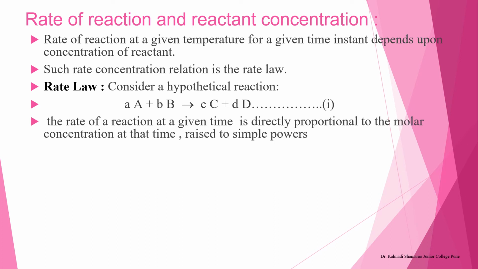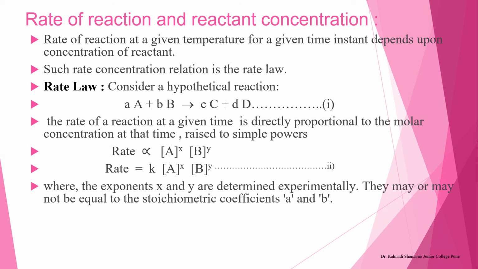Rate of reaction at a given time is directly proportional to the molar concentration at that time raised to simple powers. That is, rate is directly proportional to the molar concentration of A to the power x into molar concentration of B to the power y. This can also be written as rate equals to K, which is a rate constant, into molar concentration of A to the power x into molar concentration of B to the power y.